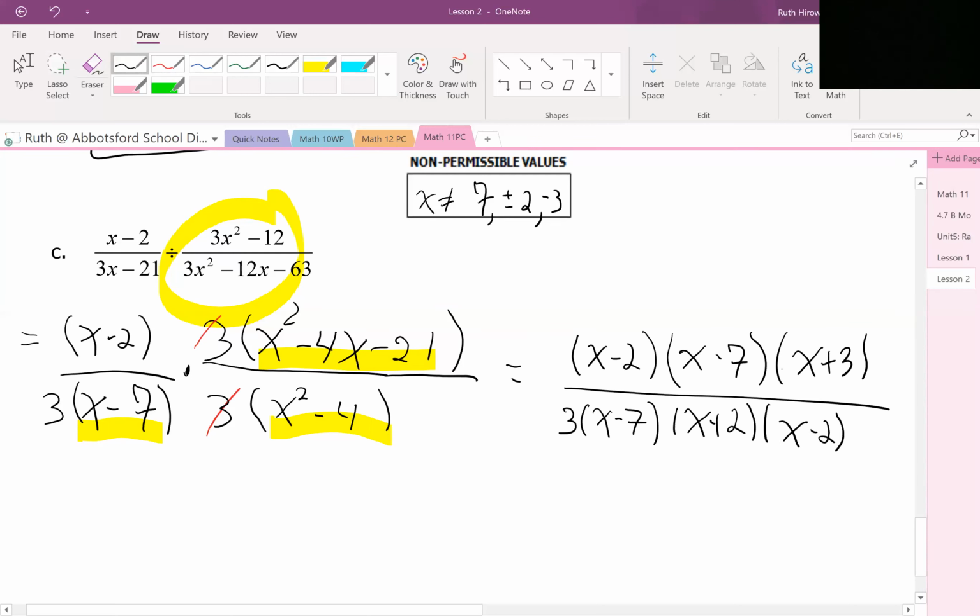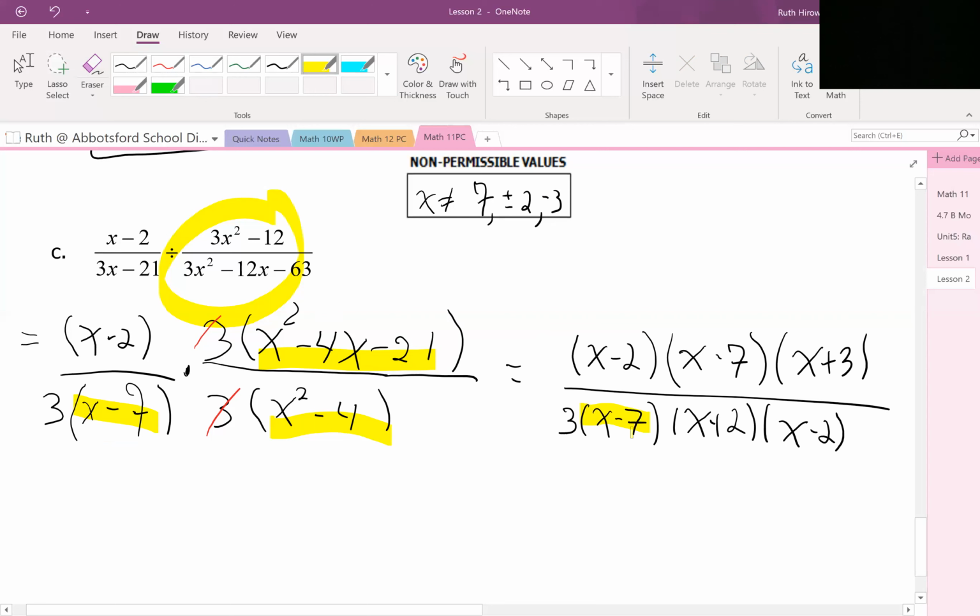Okay, now I'm going to state all my restrictions. My restrictions are coming from the denominator. Oh my goodness, got to pay attention here. X minus 7, they're coming from my denominator. This x minus 7 went right here.